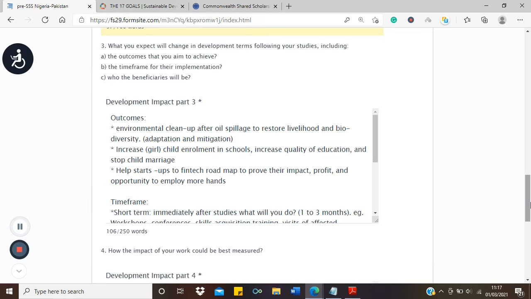Most of these questions are quite overlapping, quite related, and I think it tests your consistency. So if you're telling a story, it has to add up. You can't say you're going to do A in the first question, and in the second question you're going to do Z. It doesn't flow.